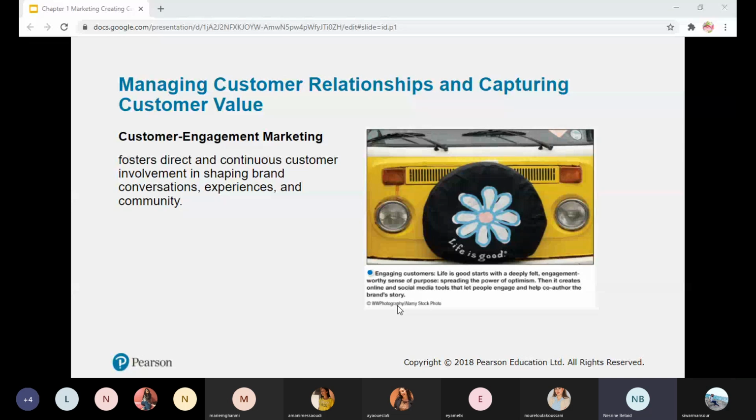Some companies ask consumers for new product and service ideas.